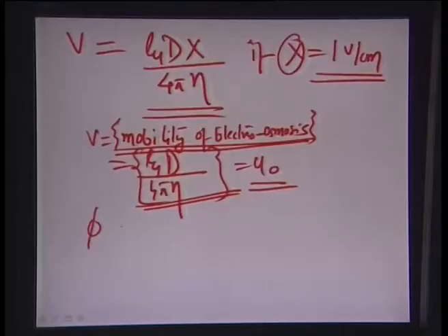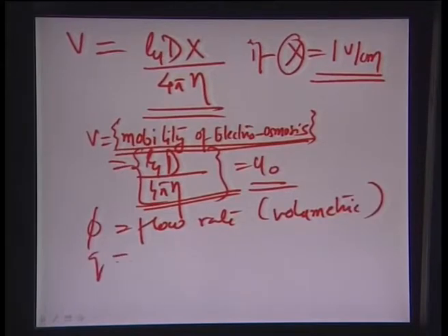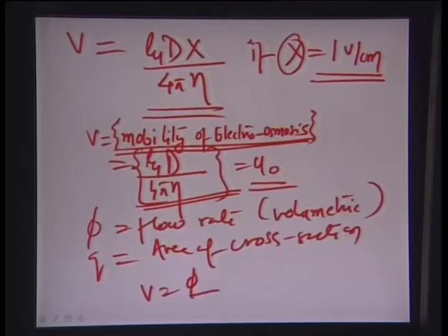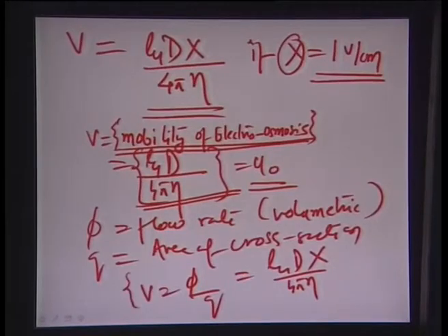So here also, if we assume phi to be the volumetric flow rate, and let us say small q to be the area of cross section of the small capillary, therefore V essentially is phi by q, and that comes out to be zeta d x by 4 pi eta. So this is how you can represent, in terms of flow rate and area of cross section in any microcapillary, the relationship between the mobility and the flow rate and area of cross section.